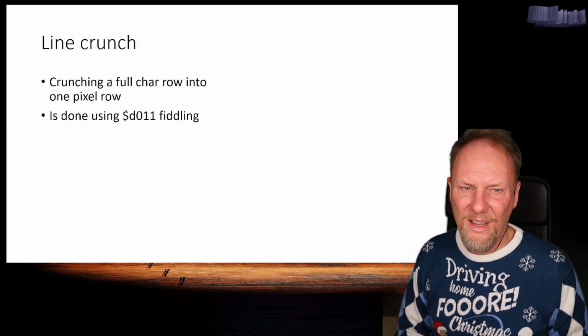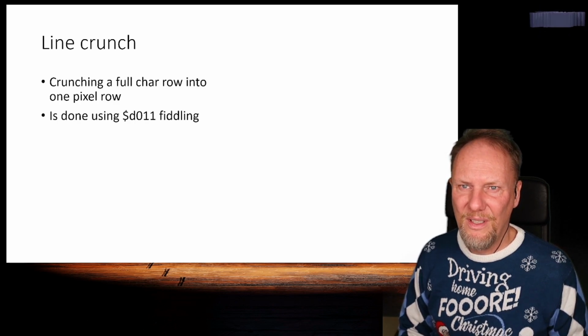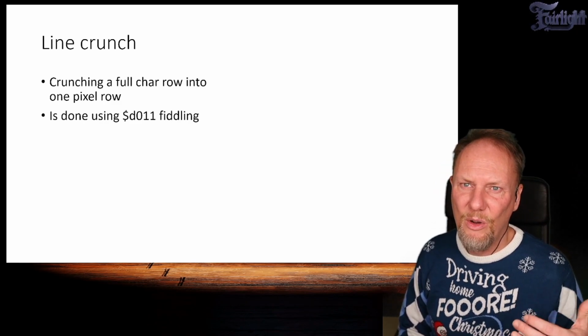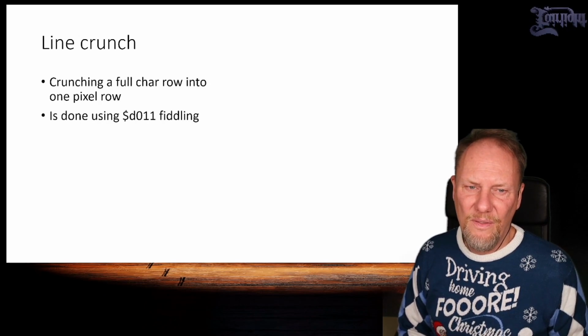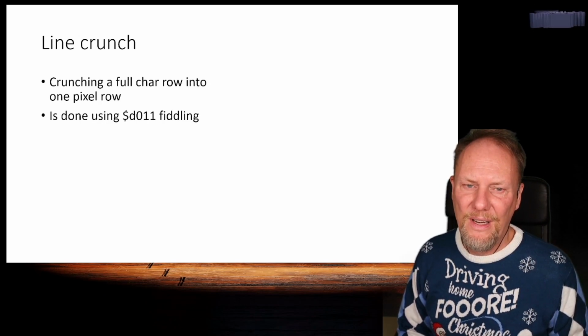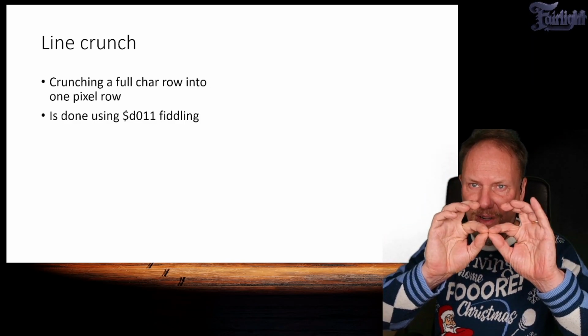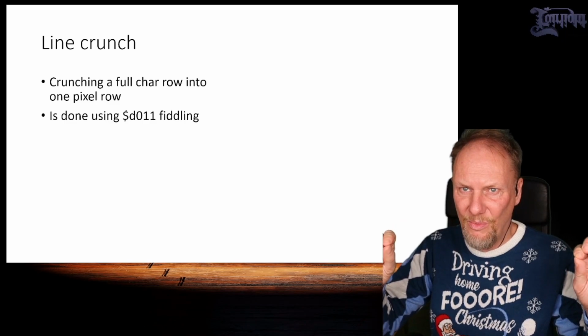The next thing is line crunching, and I don't really have a demo for this, and there is no visibility here, but you will see a combined effect where line crunching is also used. So you are also here fiddling with D011. What you're basically doing is crunching the entire character row into one pixel row.